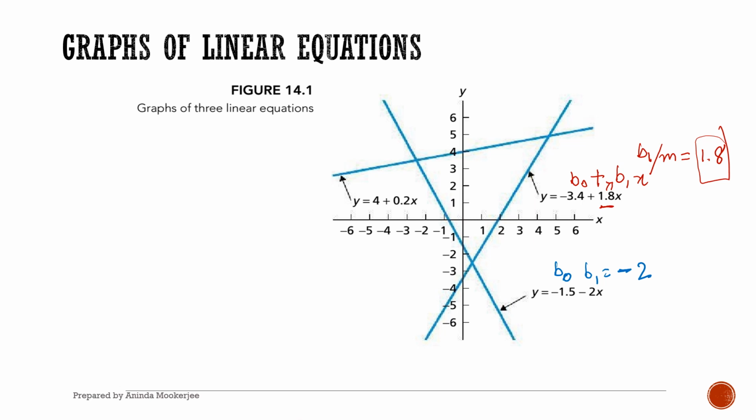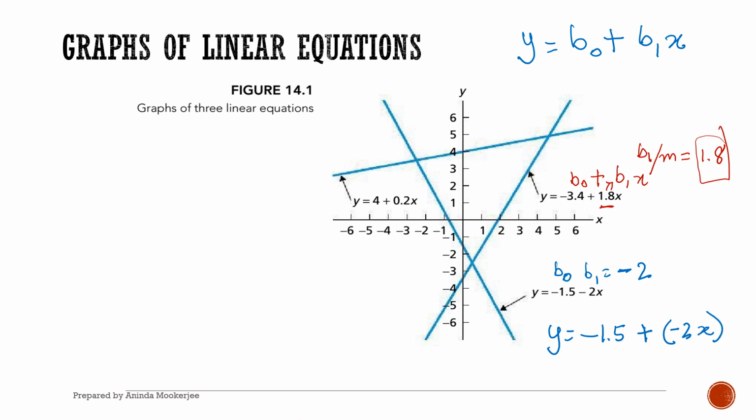Keep in mind that the form is y equals b sub 0 plus b sub 1x. So if there is a negative sign in the equation, as in this case, then the negative becomes a part of b sub 1, because when you write it in the form of slope intercept, or intercept slope in this case, you're going to write it as y equals negative 1.5 plus negative 2x.